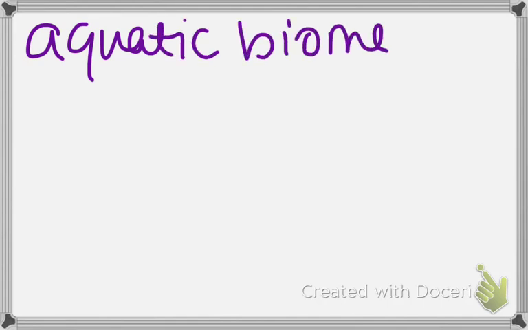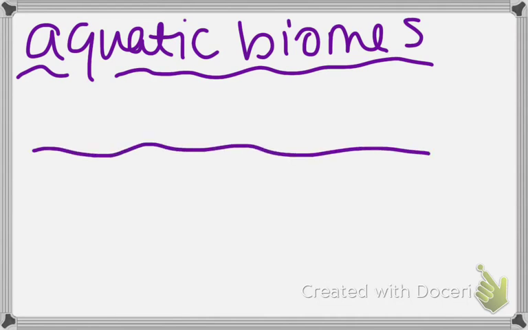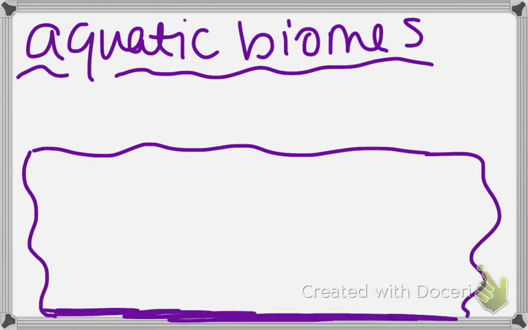Alright, if we talk about aquatic biomes, I would make sure that I knew my layers of either lakes or oceans. So no matter what, if you are a body of water, draw me some type of soil on the bottom.